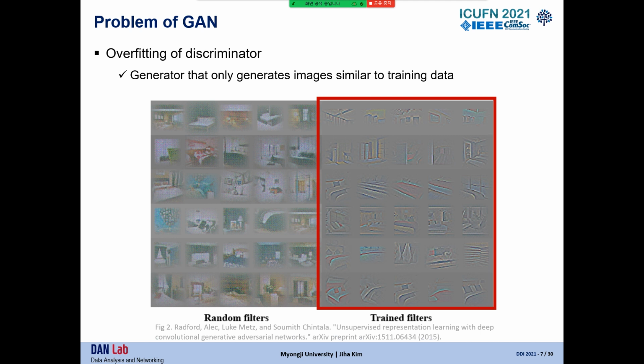This is a visualization of the filter of the discriminator. On the right is the filter of the learned model. I believe that the discriminator is overfitted. The reason is that the filter of the learned discriminator has been trained too much on the appearance of a particular class. In this presentation, I'd like to propose a training method for this problem.